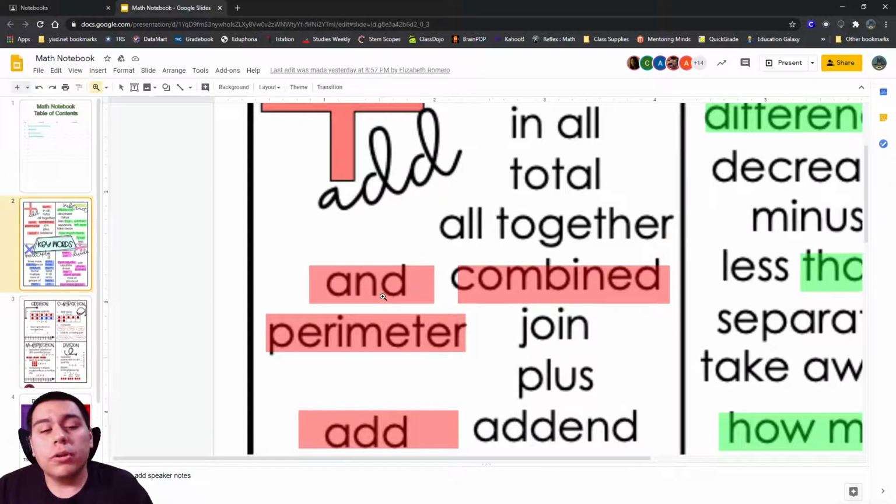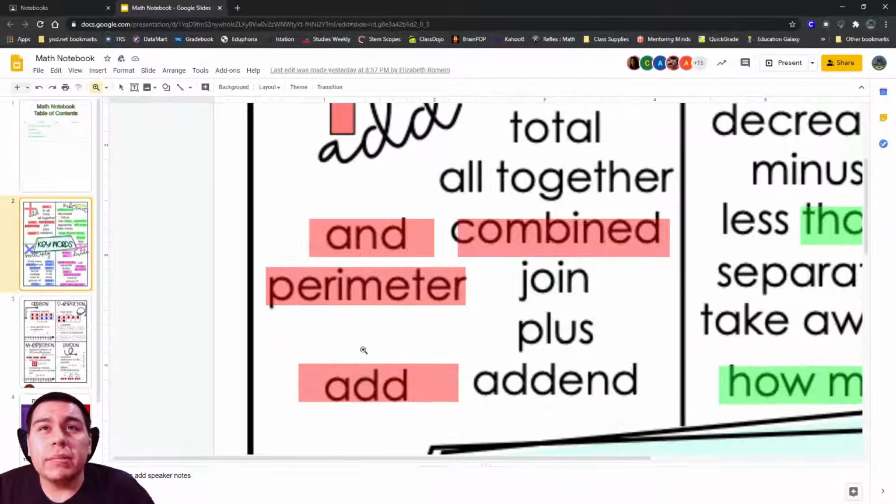If they use the word and, this one does pop up in a lot of different word problems. And usually they'll use the word and if they want you to add, they'll use the word and along with another word. So a lot of times they might say something like, what is the total number of apples and oranges?